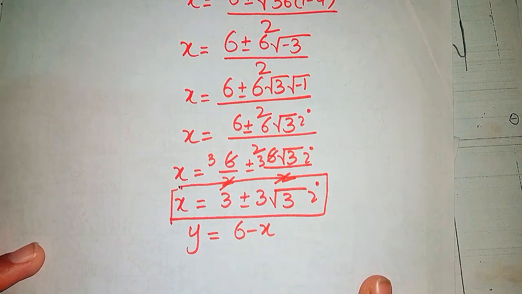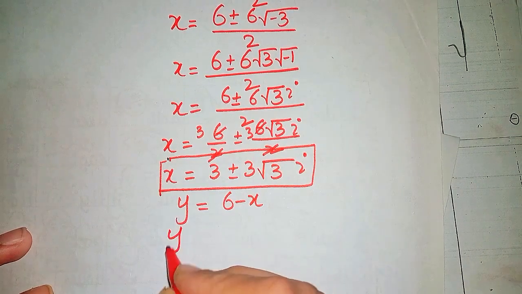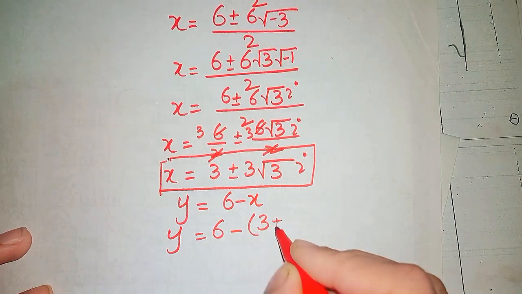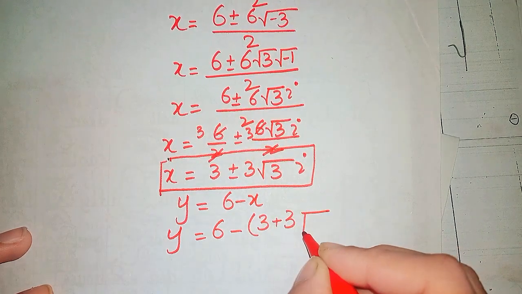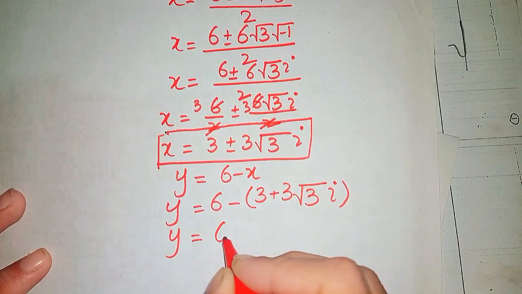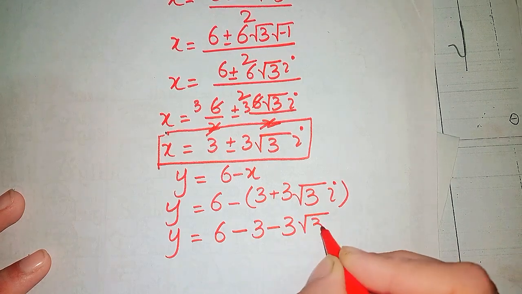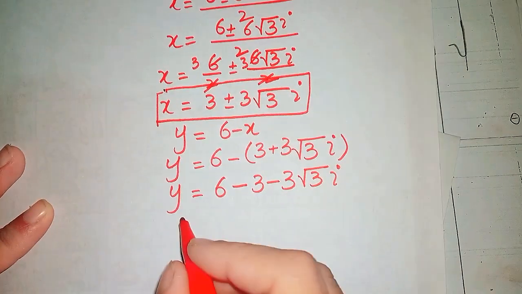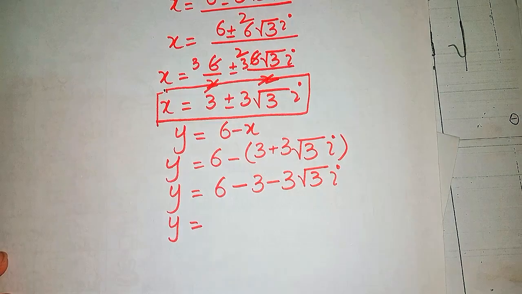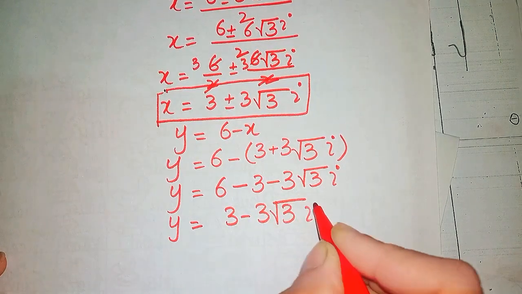First of all, we put in the positive value of x: 6 minus (3 plus 3 square root 3 iota), and it becomes 3 minus 3 into square root 3 iota.